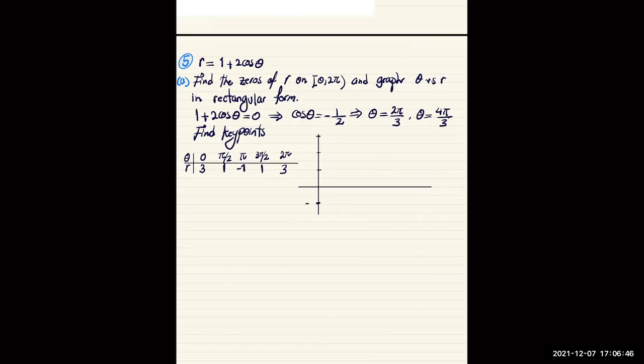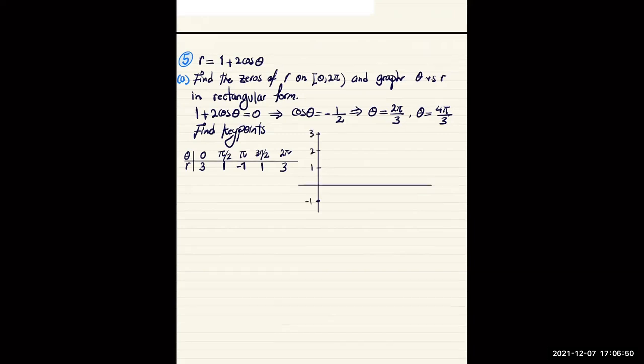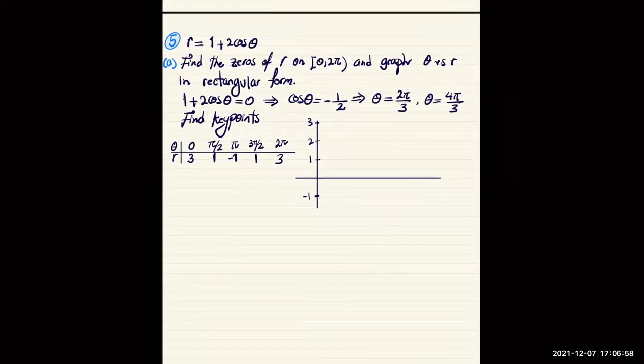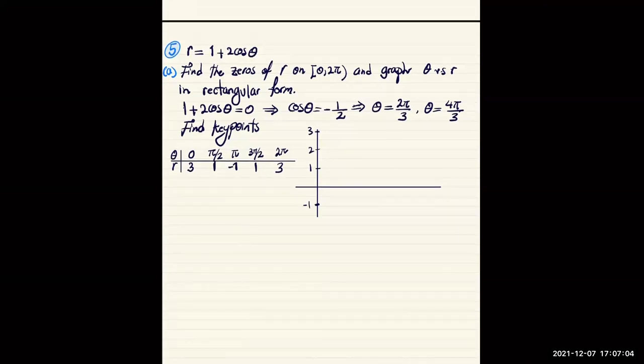Okay, so we got -1, 1, 2, and 3. All right, and again, we're gonna graph from 0 to 2 pi. If you want to be more accurate with locating these values on the theta axis, by the way, we are not graphing a polar graph yet, okay?